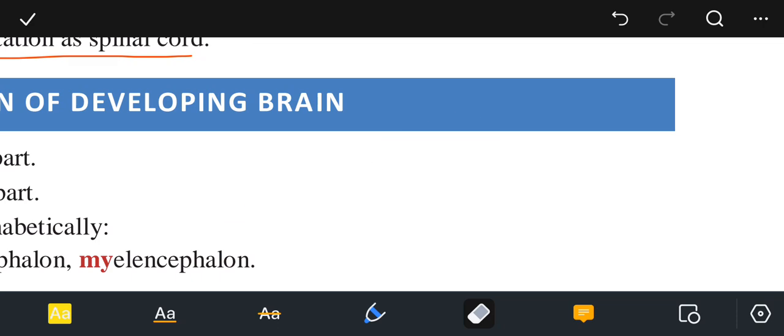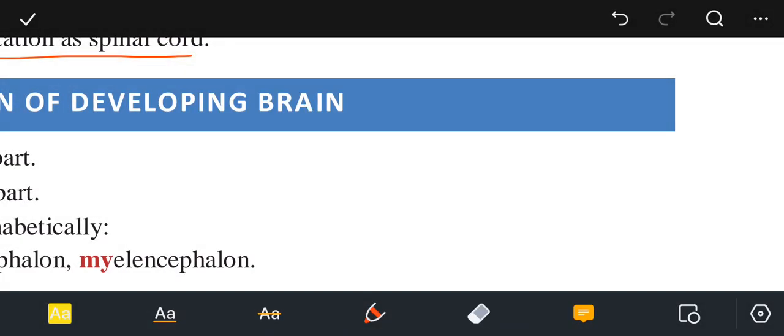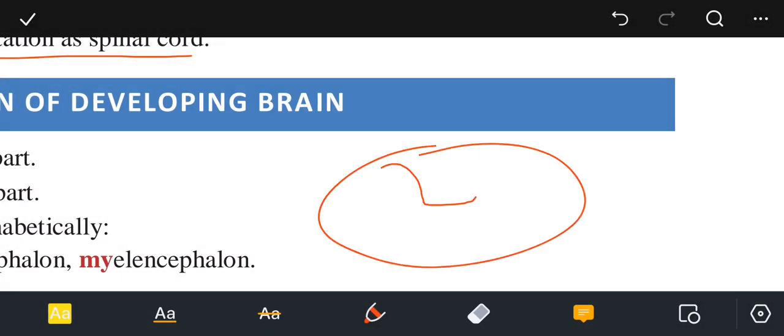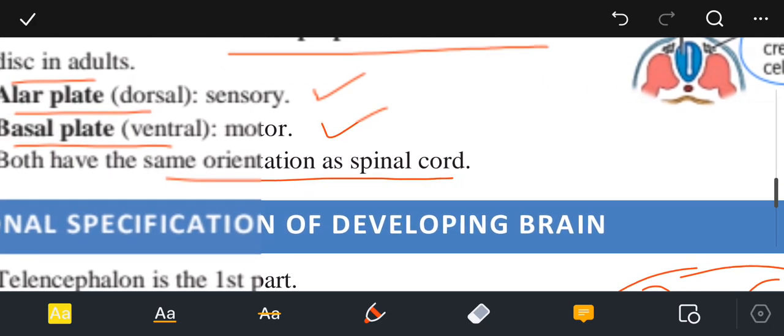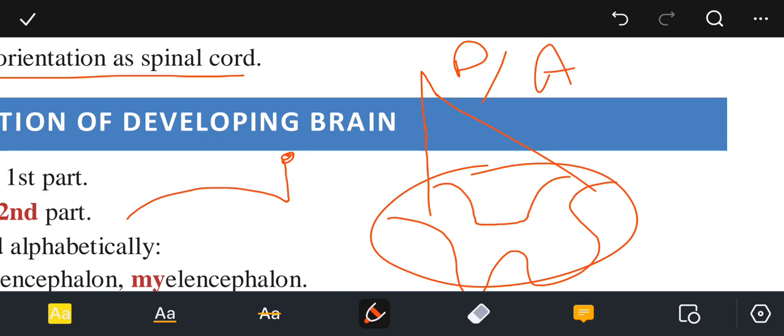If I draw a spinal cord over here with the red color, the spinal cord has a central butterfly like this. The dorsal plate, which is also called the alar plate, is sensory in nature, because all the sensations of the body come to the dorsal root ganglion and then into the dorsal horns of the spinal cord.